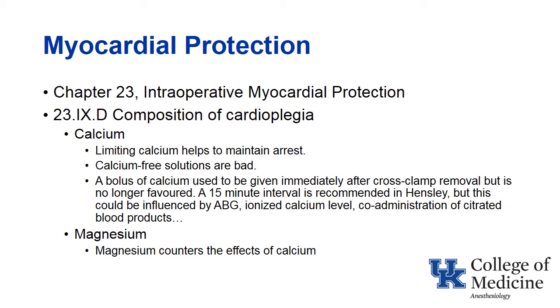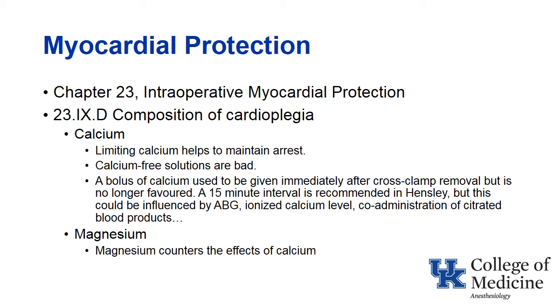Overall, it has been long held and believed that reperfusion of the heart with a high calcium concentration could lead to reperfusion injury, and likewise immediate reperfusion with a high blood pressure is not recommended.